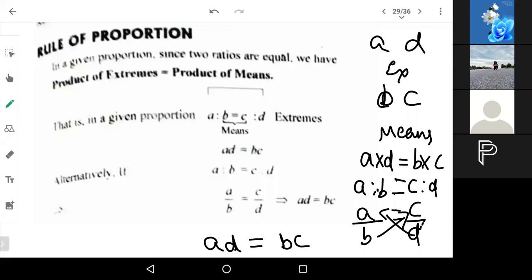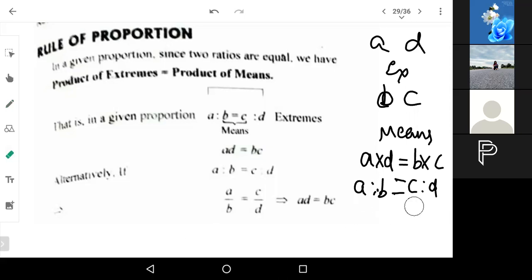So AD is equal to BC. Product of extremes is equal to product of means. So this is the very important rule of proportion. Understood the rule of proportion? Product of extremes is equal to product of means.